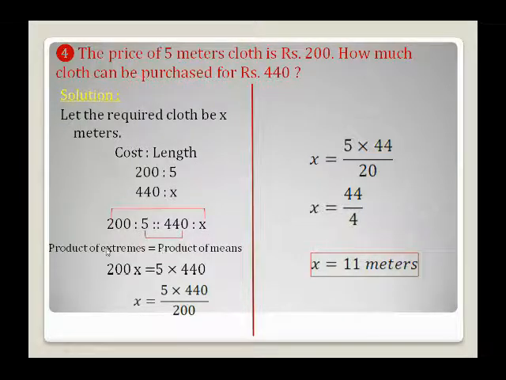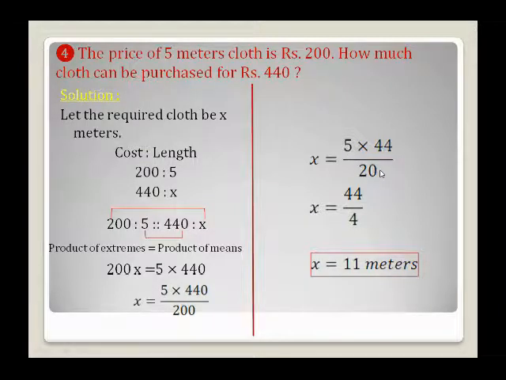We use the same formula, which is the product of extremes is equal to the product of means. Now the product of extremes: 200 is multiplied with x is equal to 5 multiplied by 440. Now after simplification, we have 5 multiplied by 440 divided by 200. Okay students, here we cancel 0 by 0. So we get 5 multiplied by 44 divided by 20.